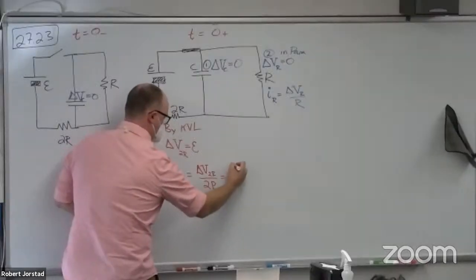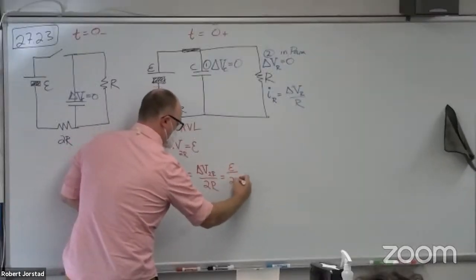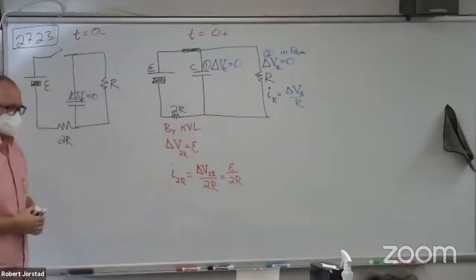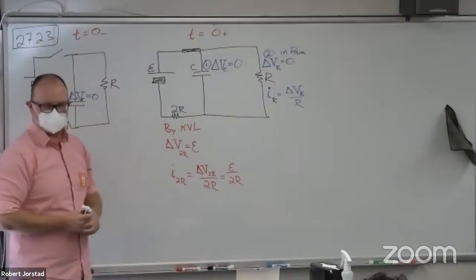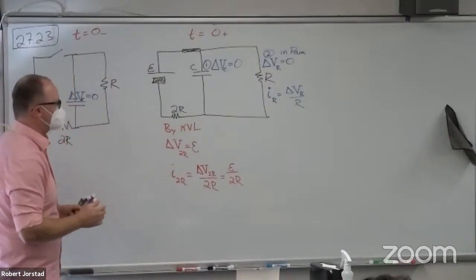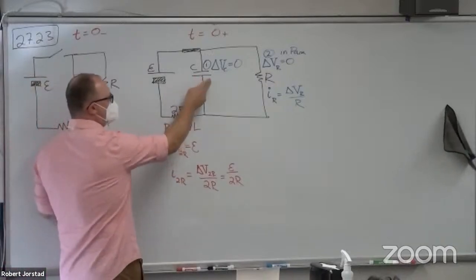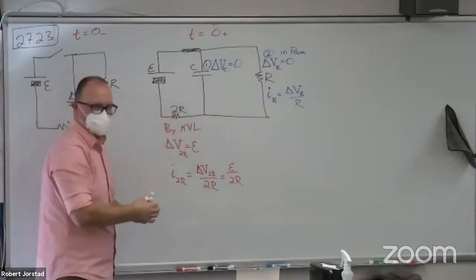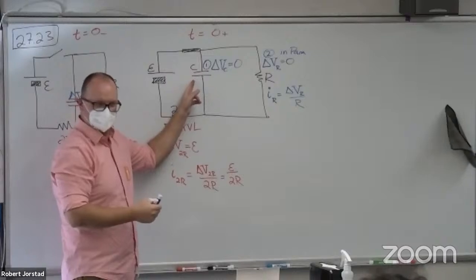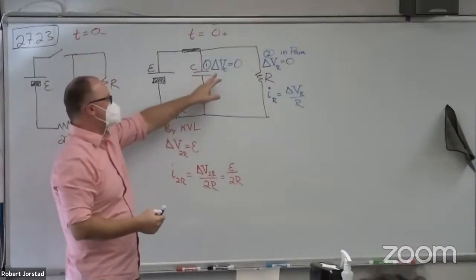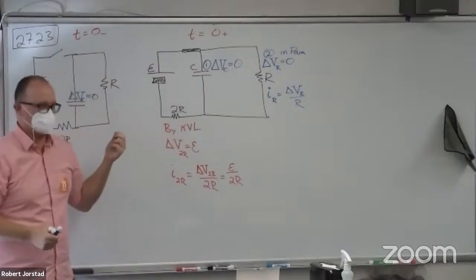So he said it was E over 2R. So the current through here is E over 2R. Now think about it. When you first flip the switch, this capacitor acts like a short circuit. You see it? That's good reasoning. If a capacitor has no charge on it, it acts like a short circuit.